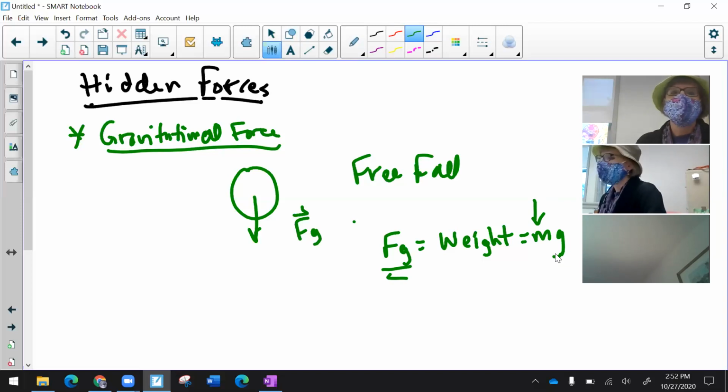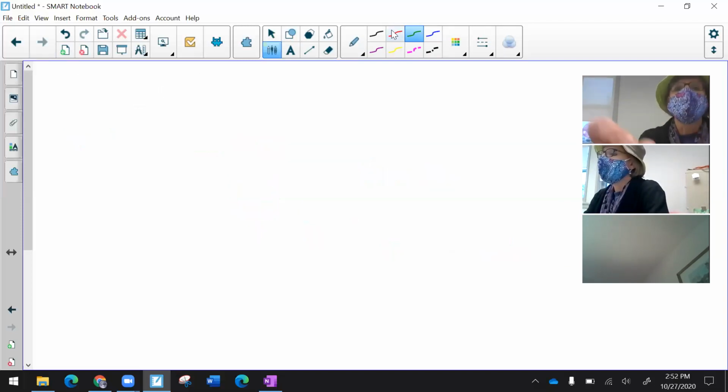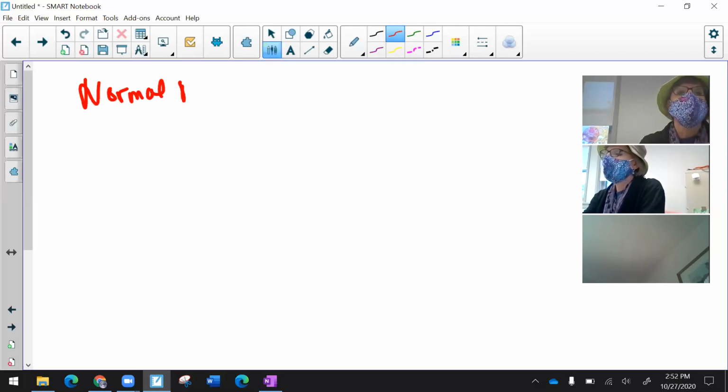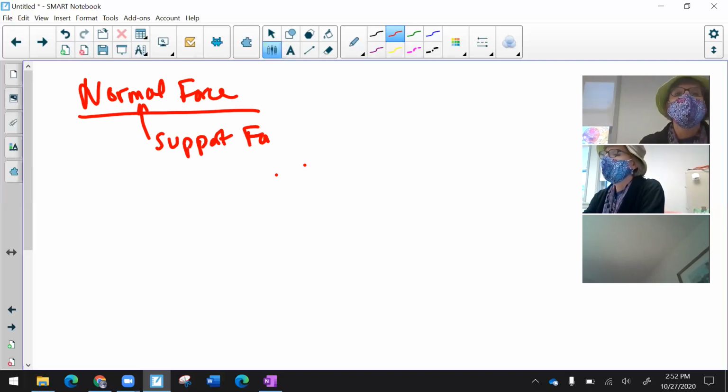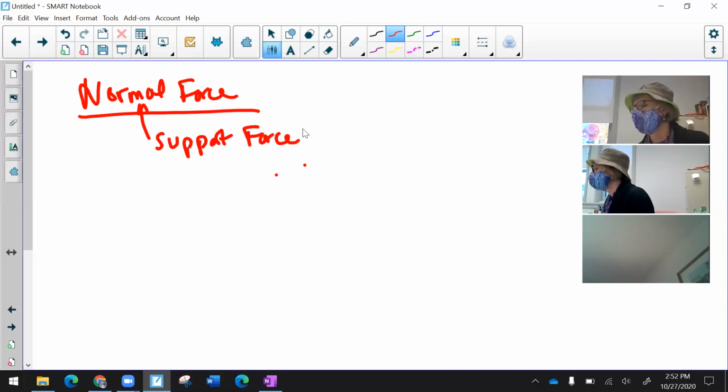Okay. All right, so another hidden force is the normal force. Sometimes the normal force is called the support force. And it's called a support force because this is basically the force that keeps the pen from falling through the table.